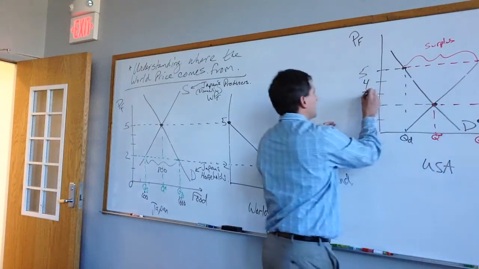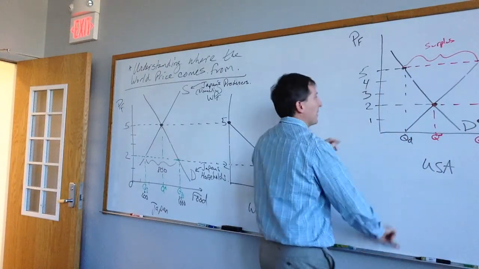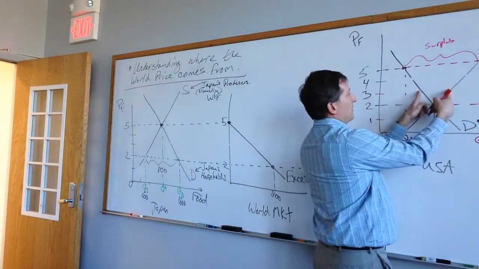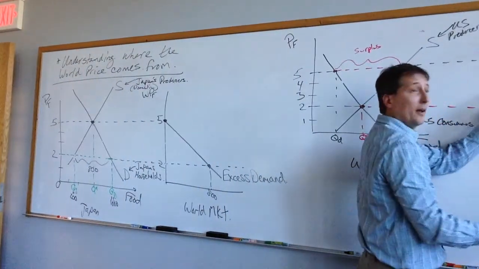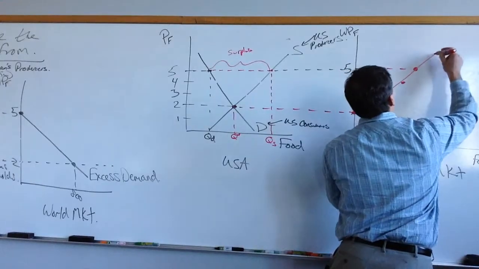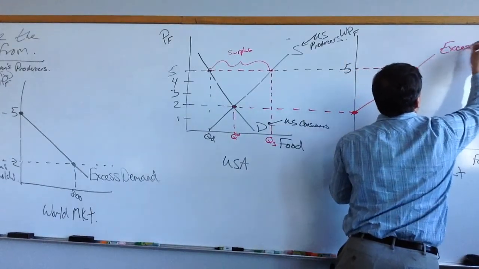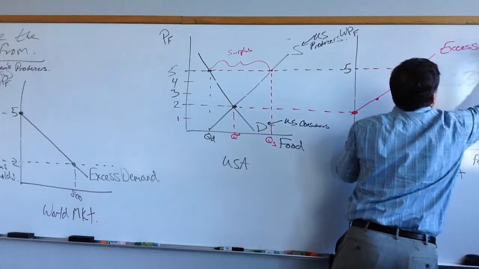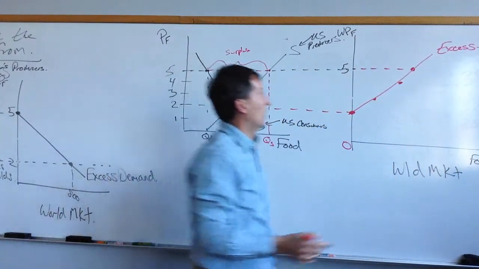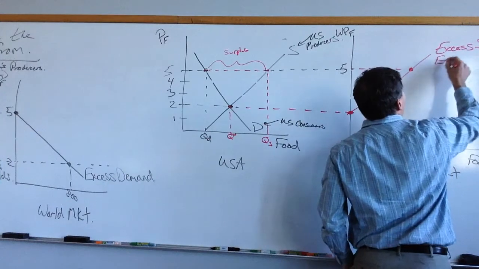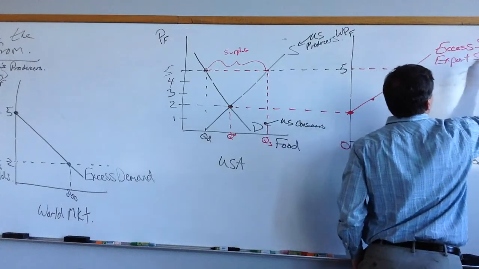So we got a 3 here instead. At a price of $3, the United States is going to dump this much onto the world market. And so this ends up creating an excess supply curve. So we could also call that an export supply.